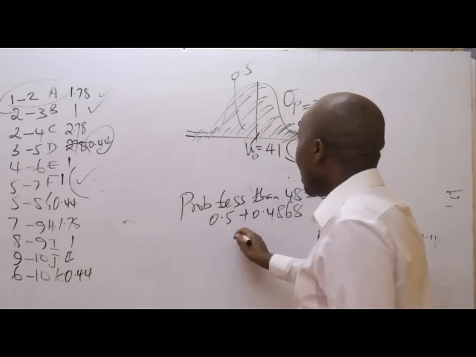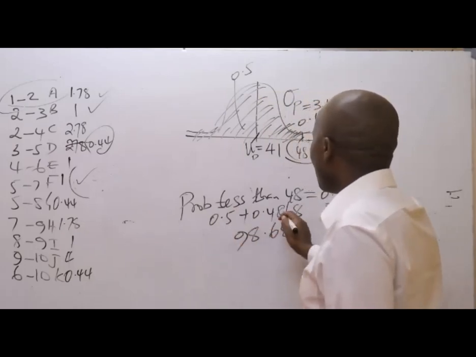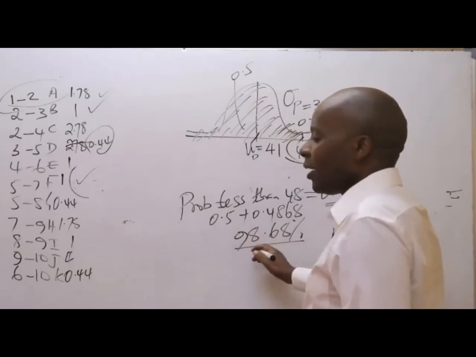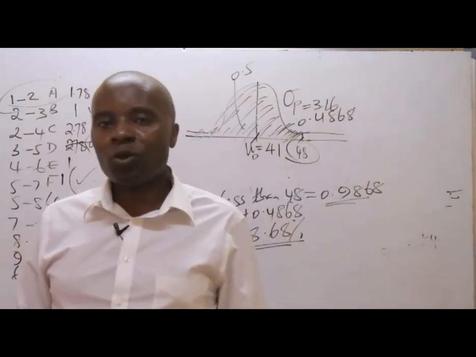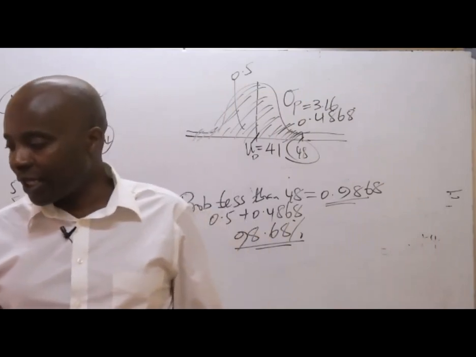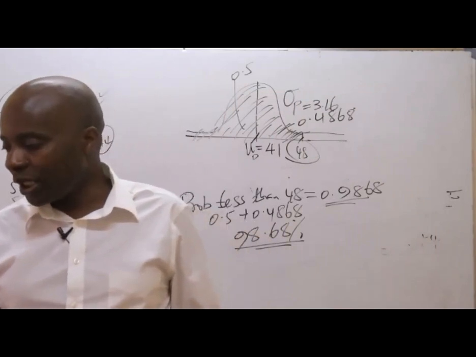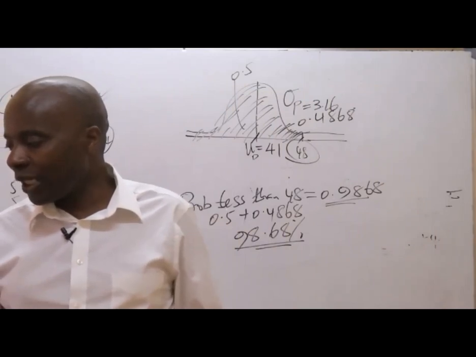So there is a very high probability of success, which is 98.68 percent. So I hope that is helpful. Please keep on watching this, and don't forget to revisit it severally.